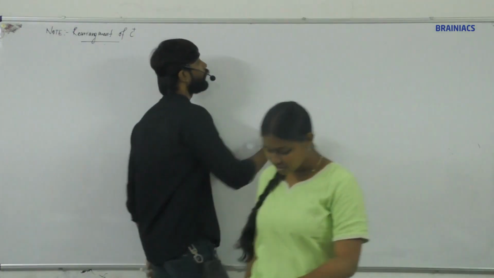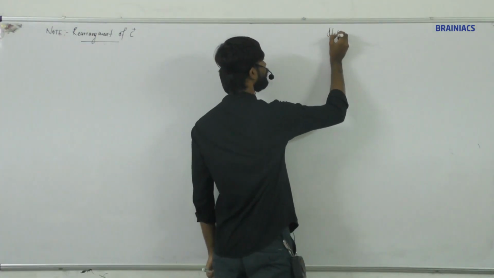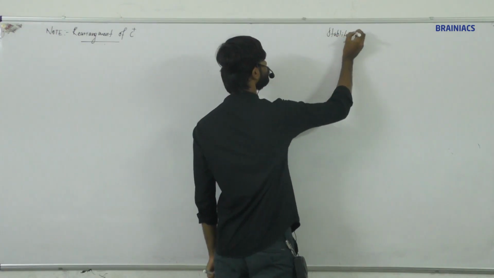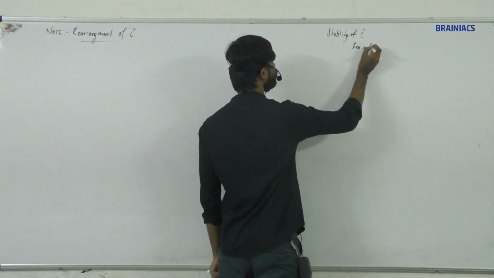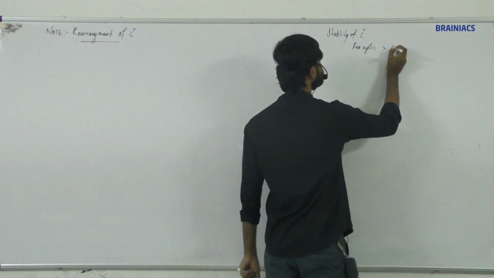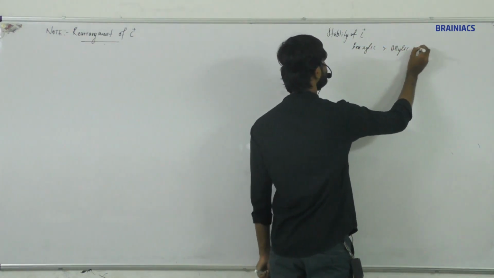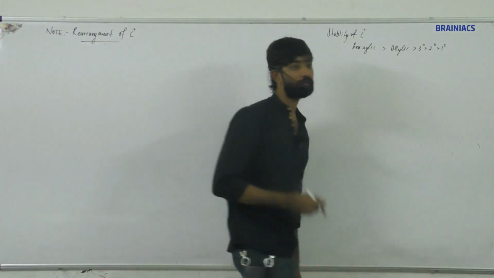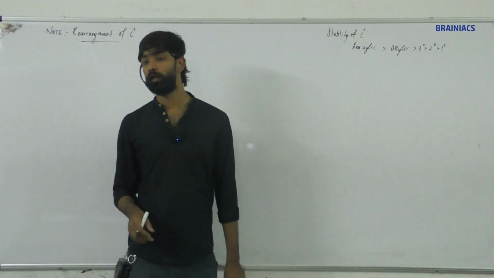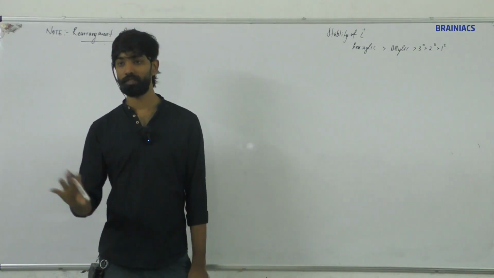And you should know a rough idea about the stability of carbocations. Which carbocation is more stable? Benzylic, then allylic, tertiary, secondary, and there are some exceptions.